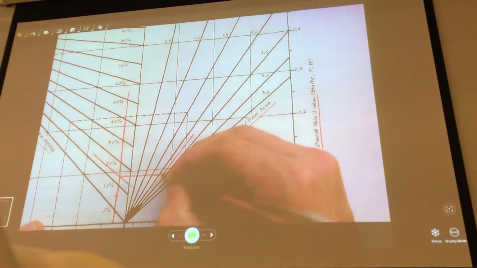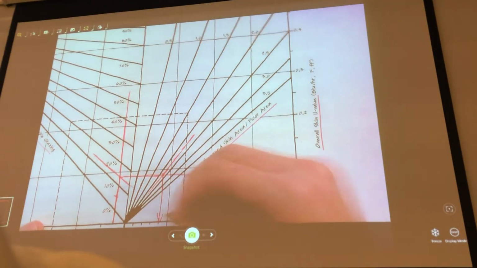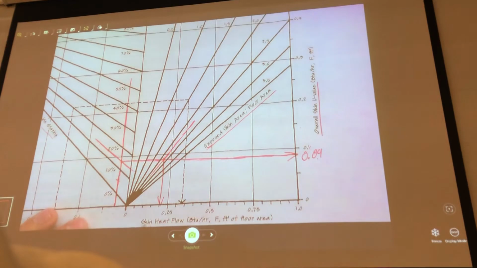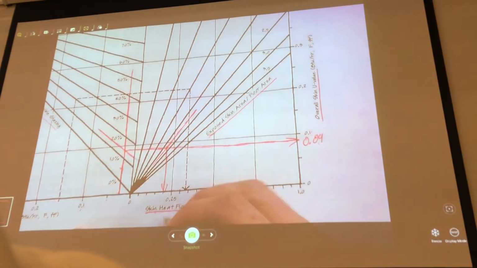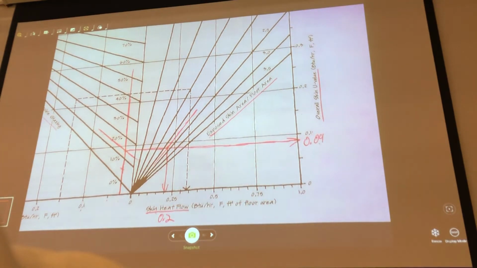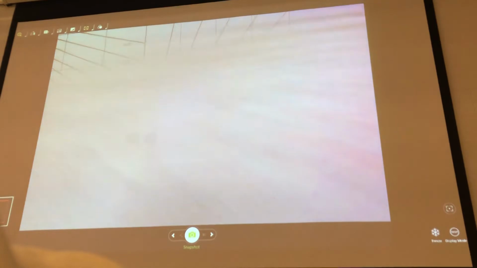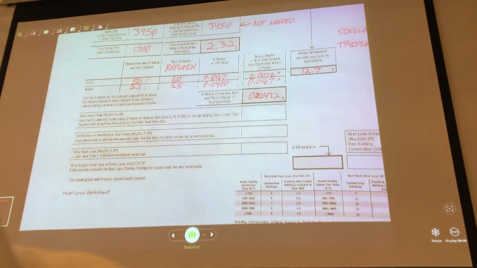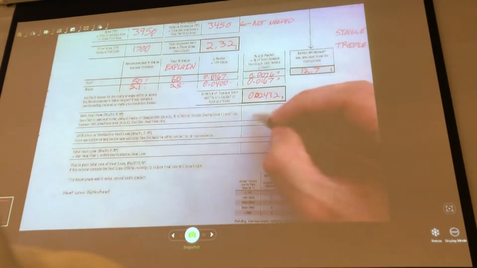And right where this point intersects, if I draw a line straight down, that'll tell me what my skin heat flow is going to be. So right at about 0.2, plus or minus. Which again, for preliminary, plus or minus is okay. So our skin heat flow is 0.2.